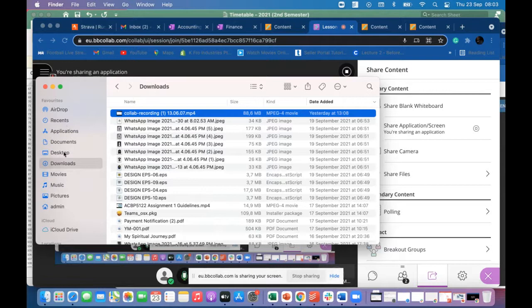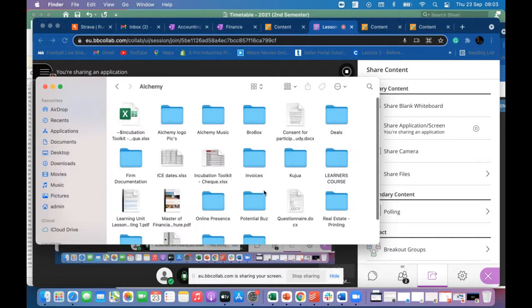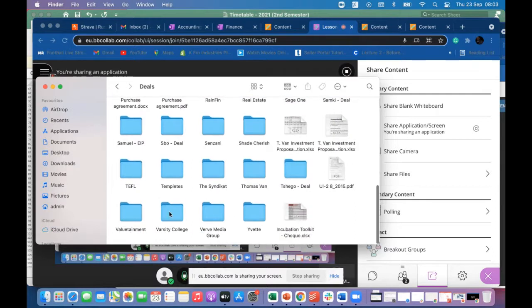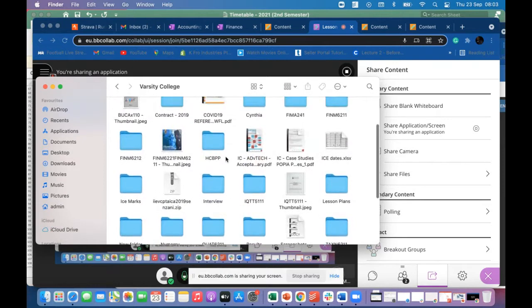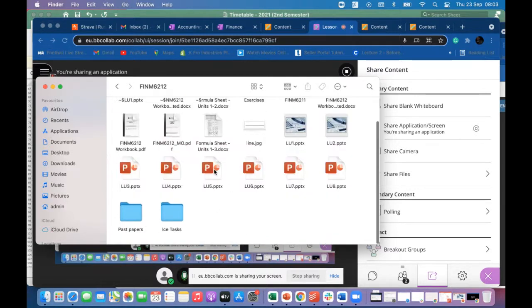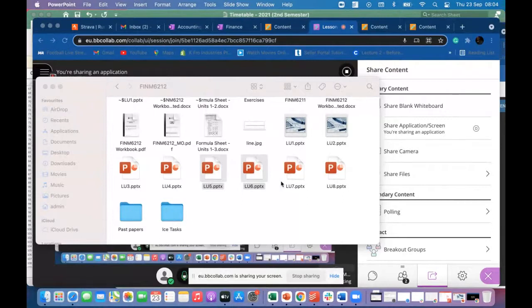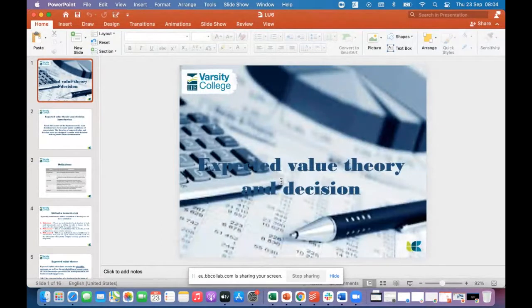Where am I? Desktop. Okay, so this is learning unit 6.